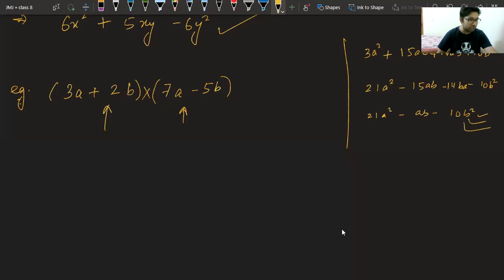Yuvraj is giving the same answer. Vardhan says his also is 21a square. So Vardhan wants to change this one, but still Vardhan, you will have a different answer from others. Krishna is saying everything same, but Krishna is saying it is plus ab.